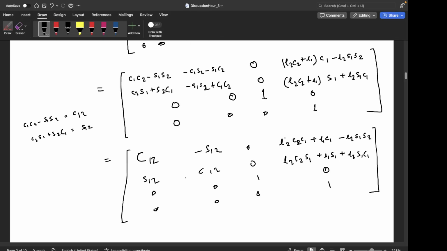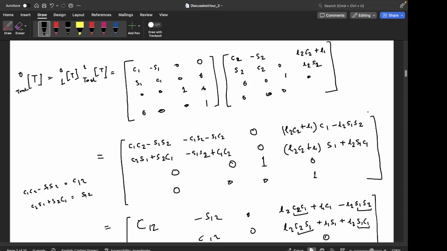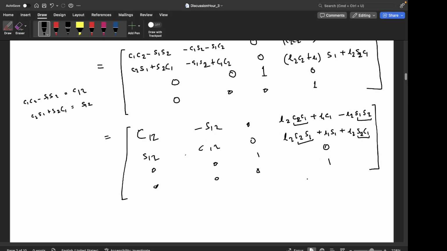Now again you can see that L2 is multiplied with this and this, and if we club them together, then it is cos theta 1 plus theta 2, and similarly for L2 we have S2 S1 and this would be S2 C1, and this is sin theta 1 plus theta 2, right?